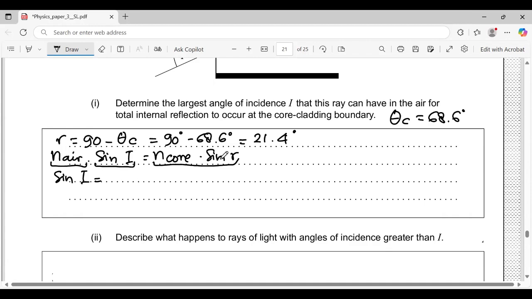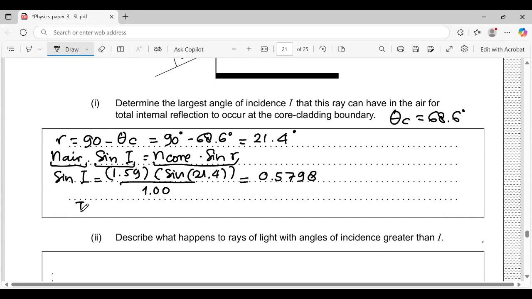So n core is 1.59, times sine 21.4, over n air, which is 1.00. And if you calculate, the result is 0.5798.